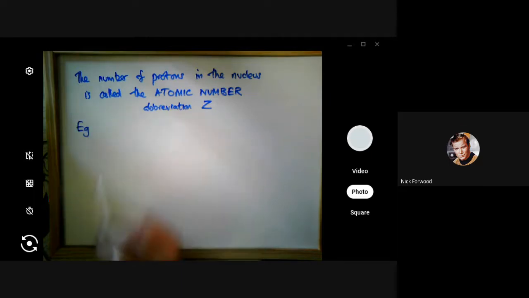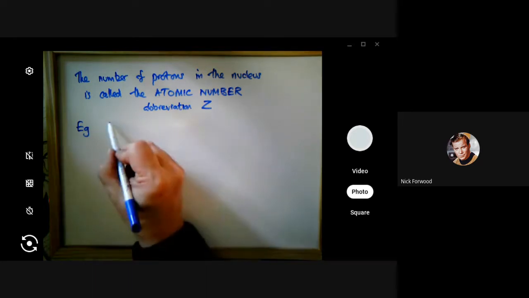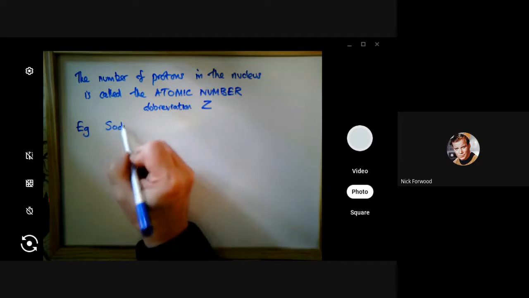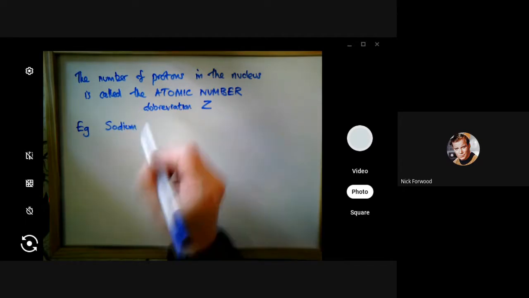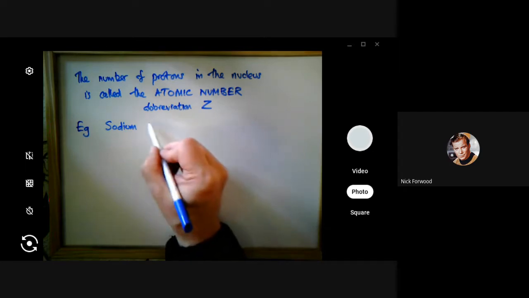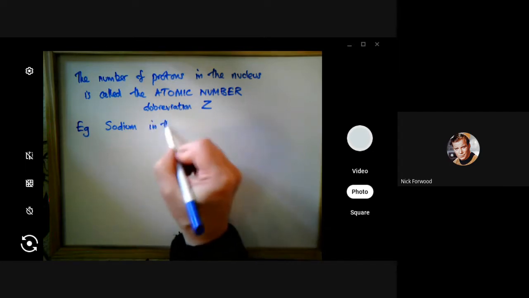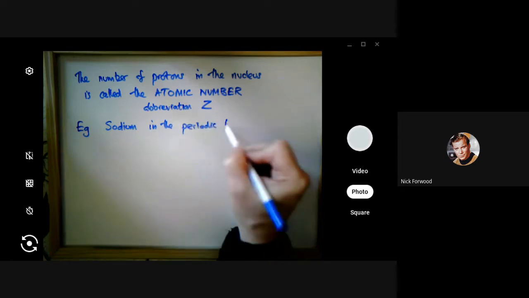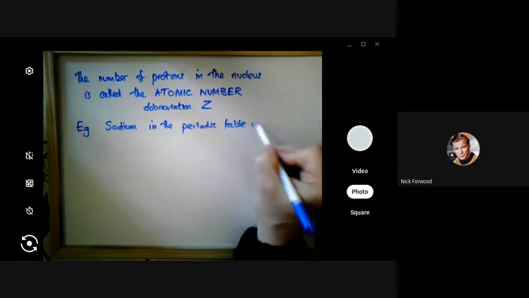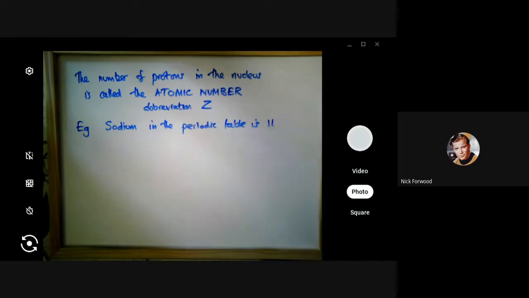If you were to look up in your periodic table the element sodium, you would find that its number in the periodic table is number 11. So that tells you straight away that in the nucleus of a sodium atom, there are 11 protons.